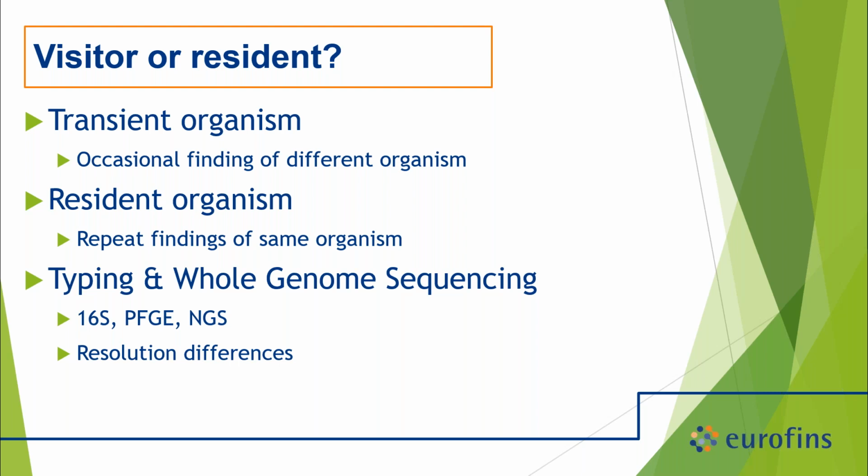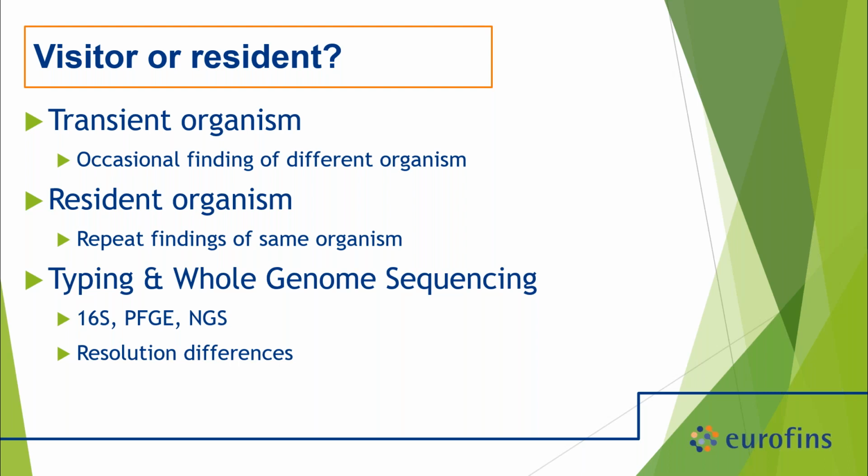And so we have typing and different whole genome sequencing, and effectively they're just different tools, subject probably for a whole other webinar. But some common ones that you've probably heard about in terms of tracking different organisms in your facility would be 16S testing, or pulsed field gel electrophoresis, or a lot of different next generation sequencing options.